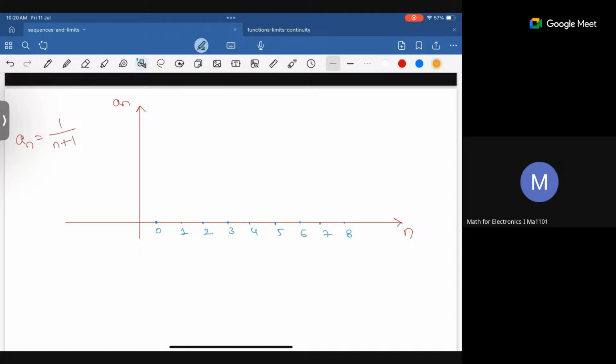Therefore, the height of the stem will be exactly 1. We put a solid dot mentioning that the height ends at that point. The next term, when n is 1, will just be half. At n = 2, it is 1/3. At n = 3, it is 1/4, then 1/5, 1/6.